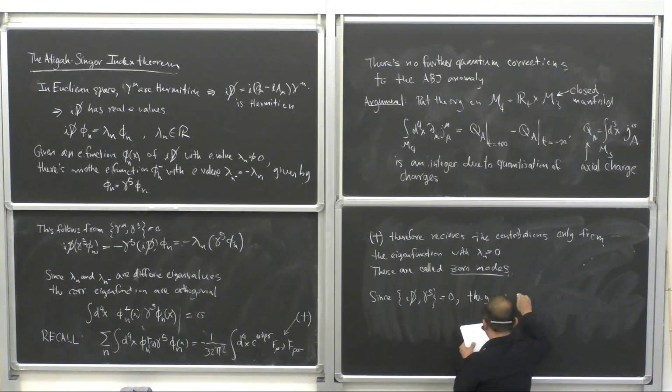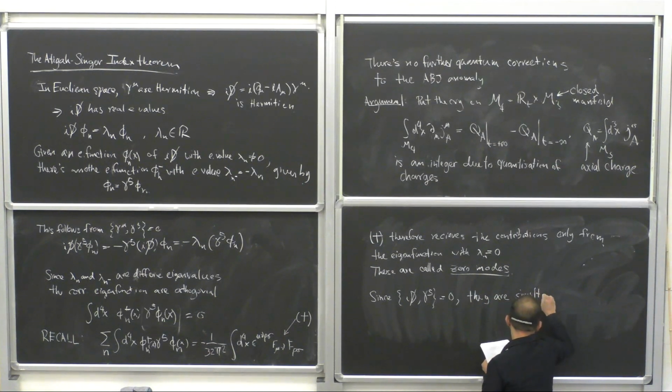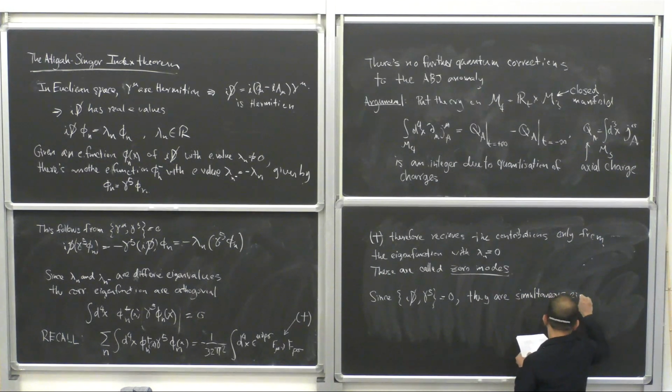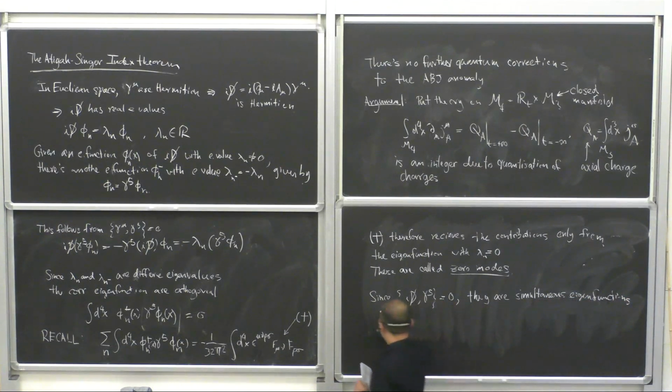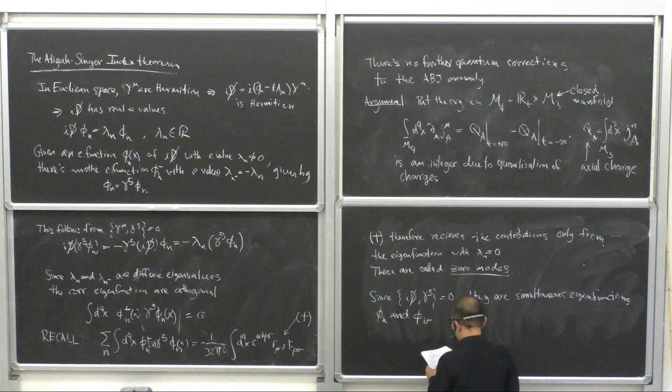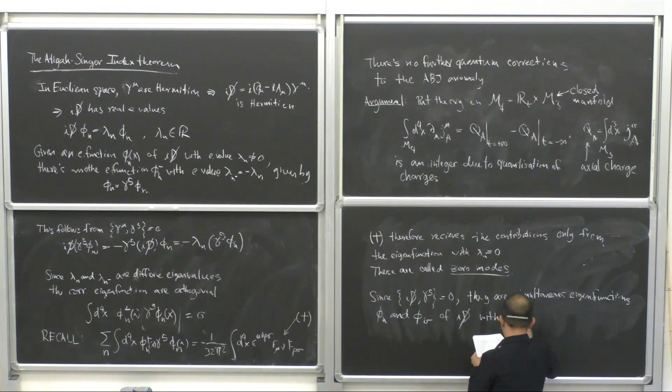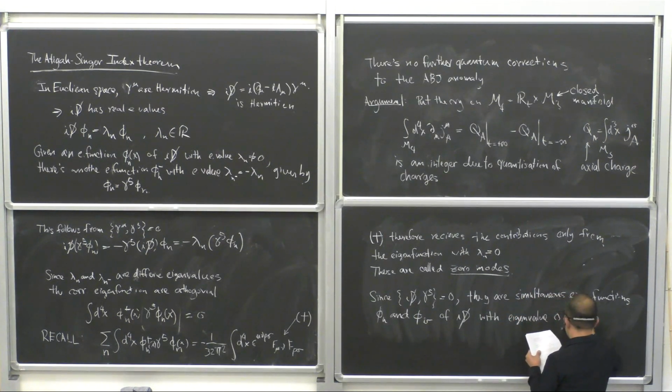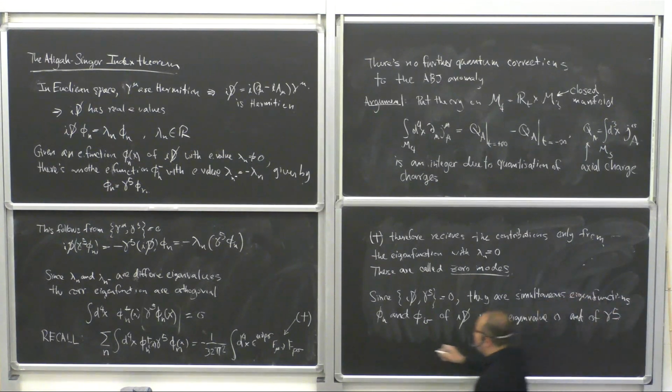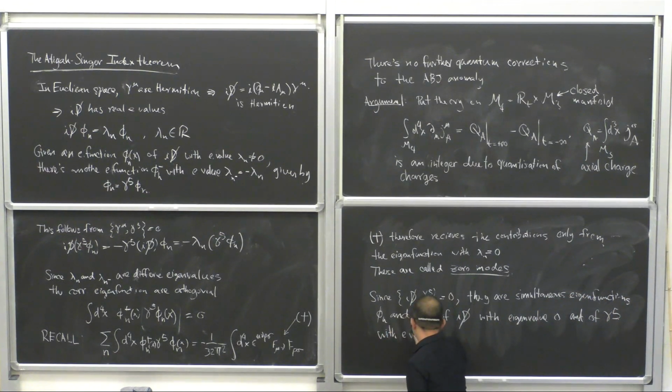They are simultaneous eigenfunctions, which I will call phi_u and phi_v, of iD-slash with eigenvalue 0 and of gamma 5 with eigenvalues plus or minus 1.